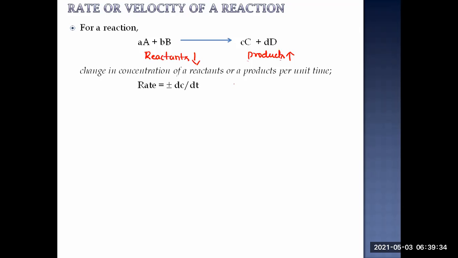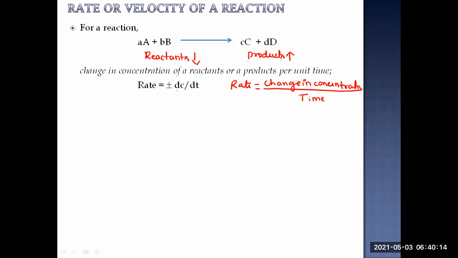Now, why do we represent it like that? So when I say rate is the change in molar concentration of a reactant or a product with respect to time, it can be written like this. Rate is equal to change in concentration divided by the time taken for the change. Now for change in concentration, mathematically d or delta we generally use. Delta for large change, d for small change.